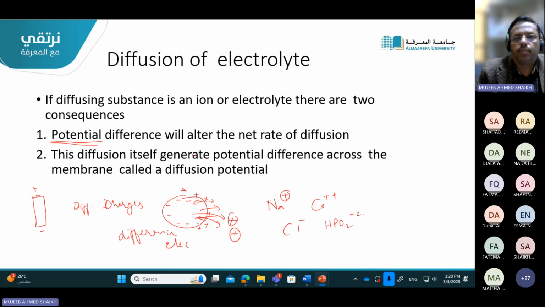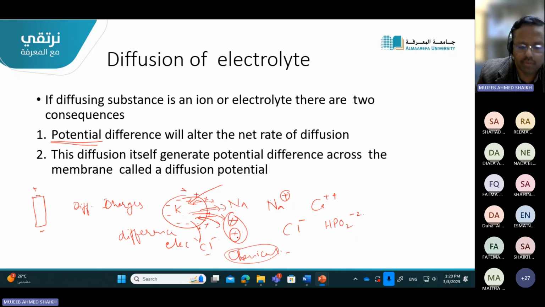The second change: whenever a substance diffuses in or out of the cell, it will create a chemical change. The chemical molecule, sodium is moving out, or potassium is moving in, or chloride is moving out. These are chemicals. So either there will be a change in the electrical charges, or there will be a change in the chemical charges.